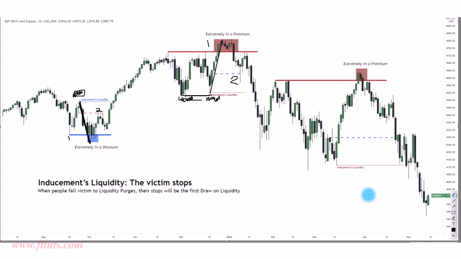Okay? So here, breaks clean highs, where they're going to place their stops inside the range, or even here.